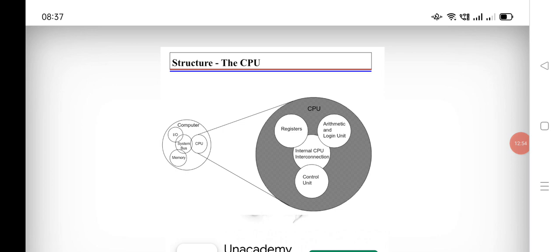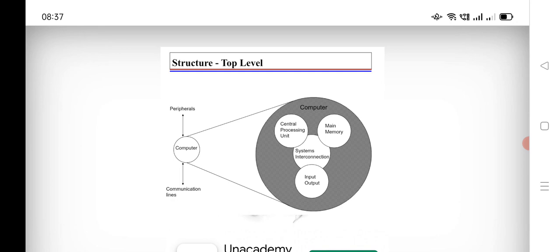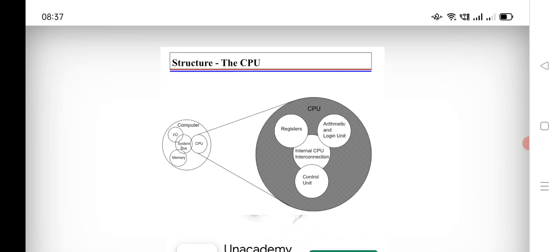In the previous slide we have seen that a computer will have the components: central processing unit, main memory, input and output. All these components are connected together by using the system interconnection. So in this we'll take one part which is known as the central processing unit.